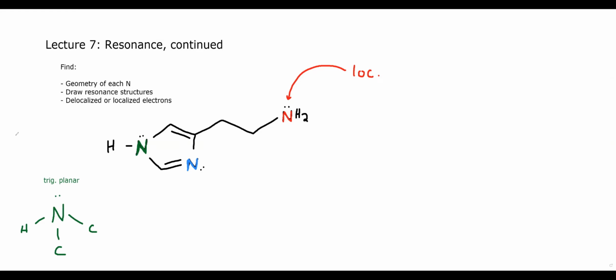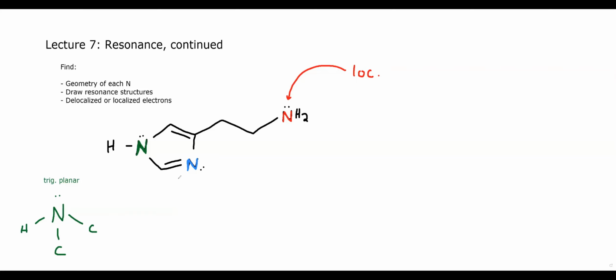Now for the 2 nitrogens in the ring, that's what we have to think about. Now this blue nitrogen, this lone pair over here is not participating in resonance because the nitrogen has a double bond on it. Remember on the previous slide when we were talking about this, if we have a double bond and a lone pair on a nitrogen or on any molecule, they can't both participate in resonance.